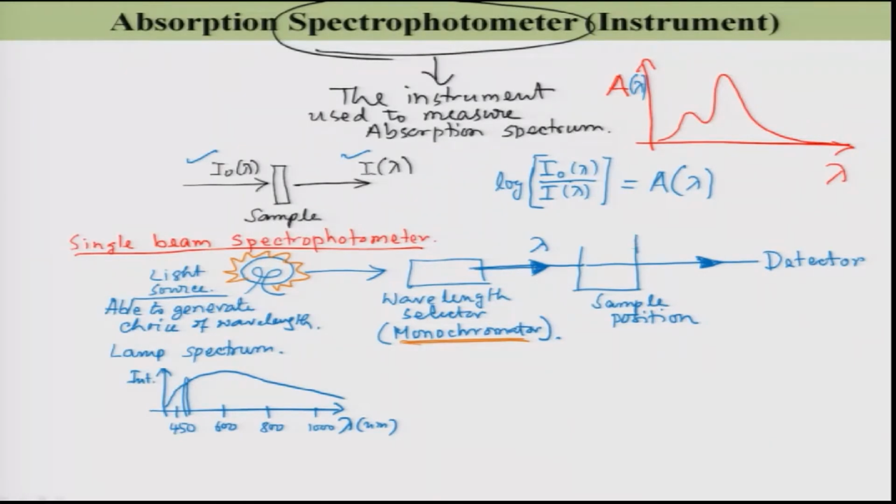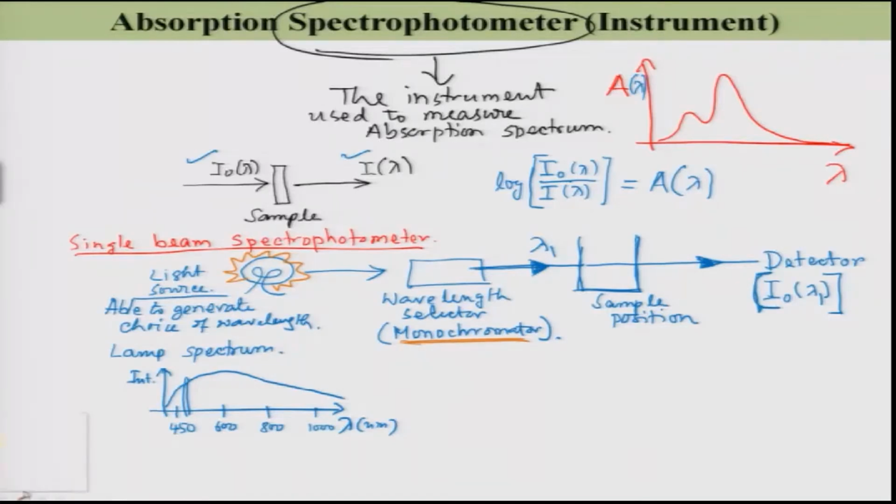Now, if I do not have any sample in this position, that means it is the blank, then the signal intensity detected at this detector will be I0. So, I can get the value of I0 easily for this particular lambda, let me name it lambda 1. Here is the I0 for this lambda 1.